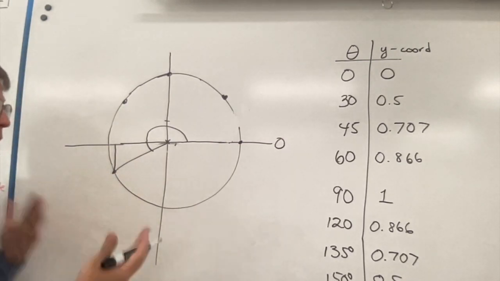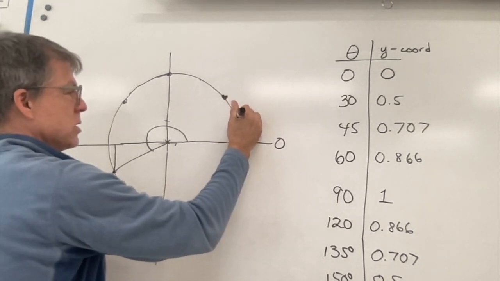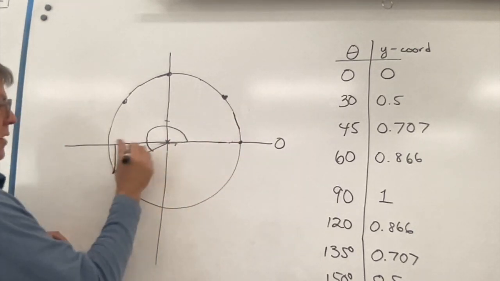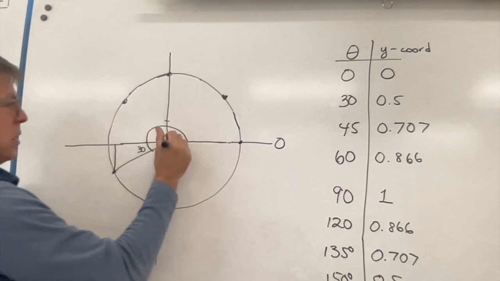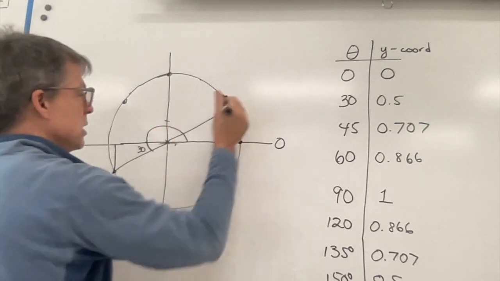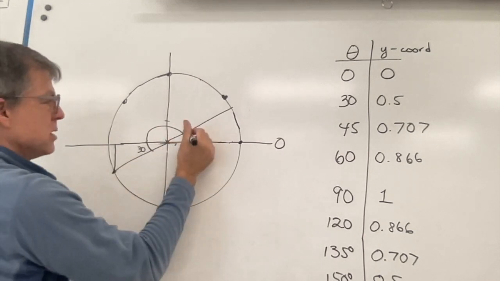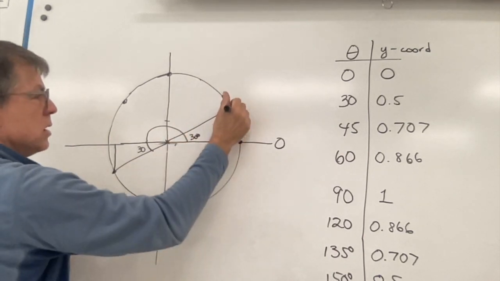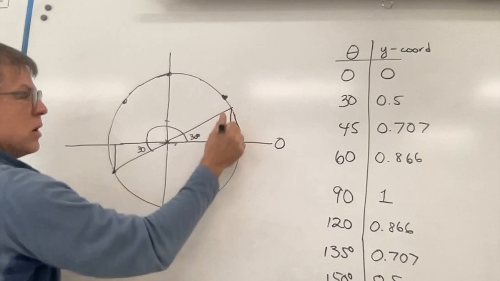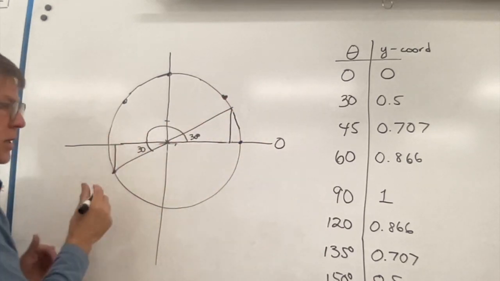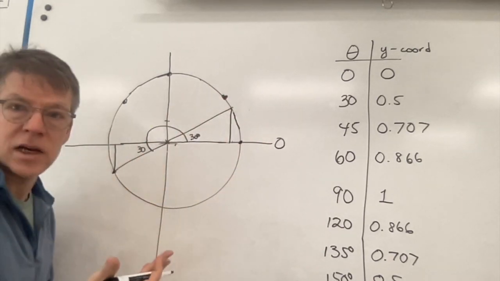And if you are seeing how symmetrical this circle is, you might be able to tell that this is 30 degrees right here. Guess what this angle is? You vertical angles experts. This is 30 degrees. So however high we were up here, we're going to be down in the ground that much, right? Because the triangles are exactly the same size.